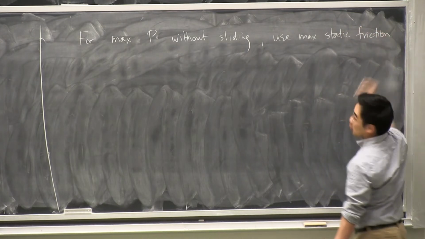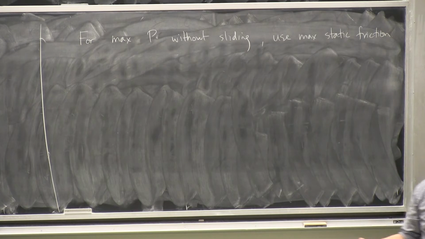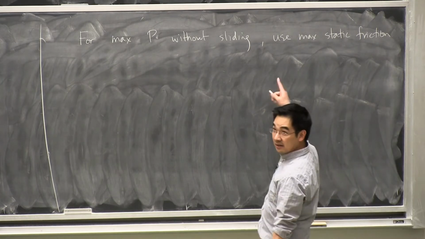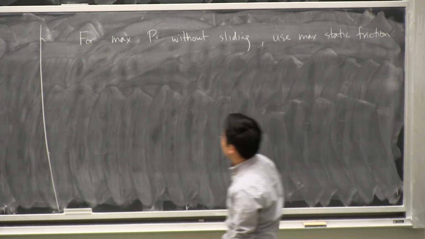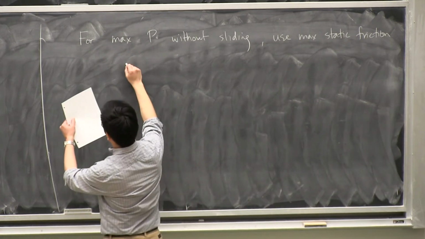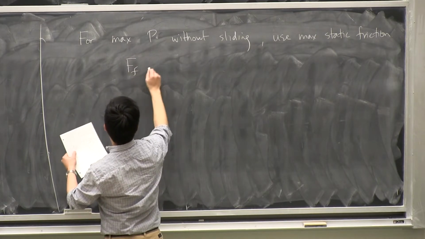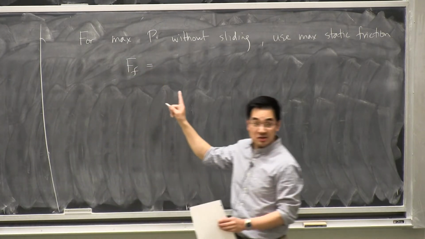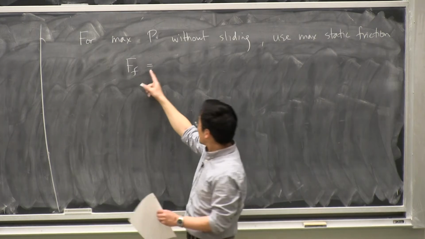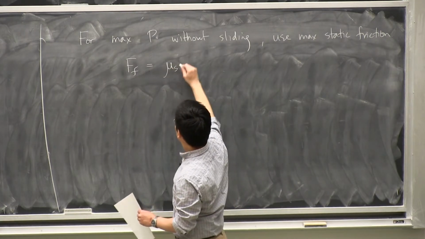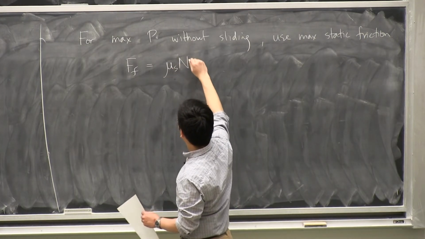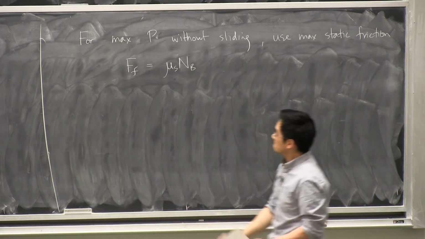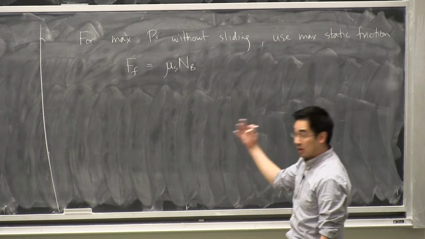In other words, that's the whole point of saying max P, because you can have any P less than max P, but you'll use max static friction to get to max P. So you want the force of friction to not be just less than or equal to, but be exactly equal to mu s multiplied by the normal force of B on A and B. Okay, so as long as we apply that, we're good.